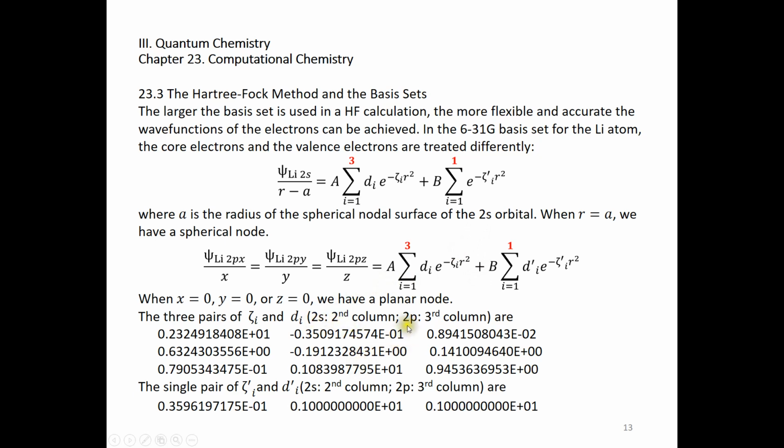For the 2p orbitals, we use these three coefficients. Alright, for this, the first linear combination of three Gaussian functions. For the second linear combination of only one Gaussian function, we use this coefficient for the s orbital, this coefficient for the p orbital. So these two actually are the same. It's just this is just one, this is just one.